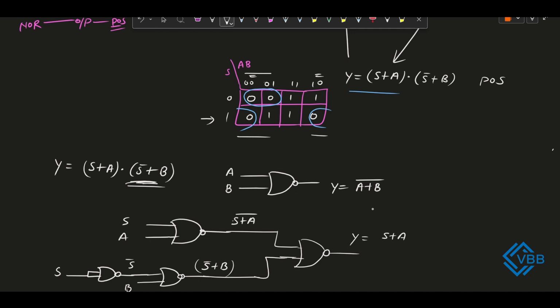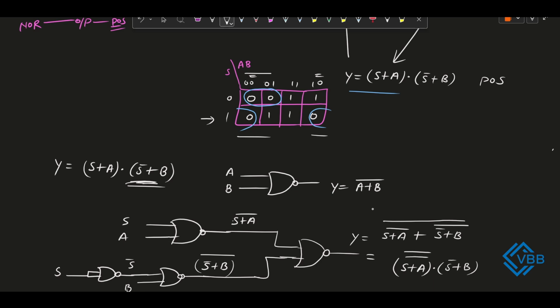Now what will you get here? S plus A complement plus S complement plus B, whole complement. And again, because of this NOR gate, a complement will come. Now we will use De Morgan's theorem here as well. What De Morgan's theorem says is, if you change this plus sign into dot, then one more complement will be present in each term.